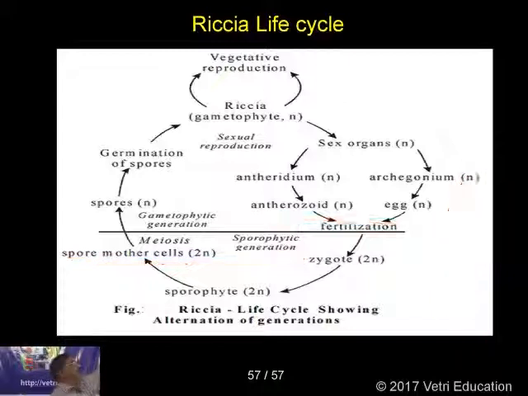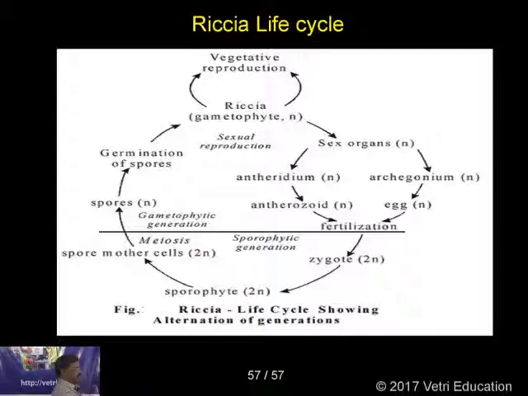Now let us see the classification. As I told you, I have given one example here, Riccia, and it produces the sex organs. Male sex organ antheridium, female archegonium. Archegonium gives the haploid egg, and antheridium gives haploid anthrozoids, and fertilization takes place. A diploid zygote is formed. This diploid zygote develops into the sporophyte. Sporogonium is developed.